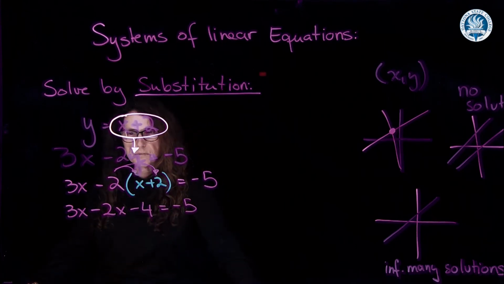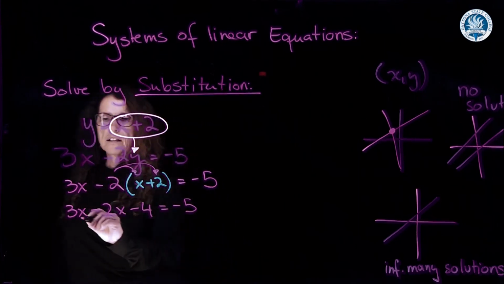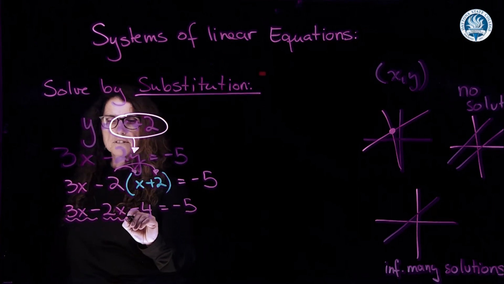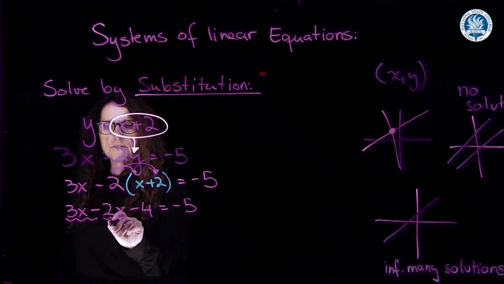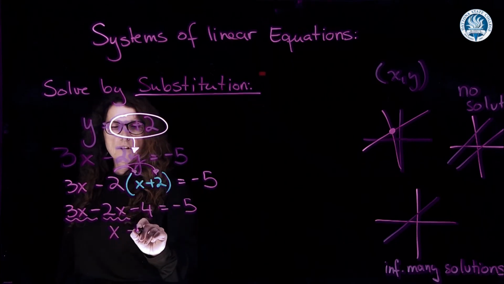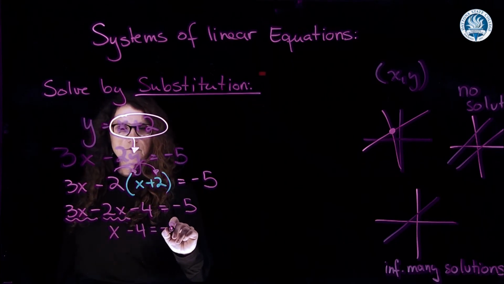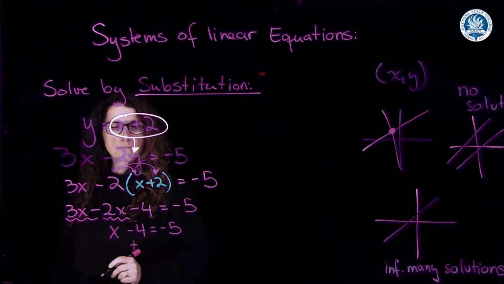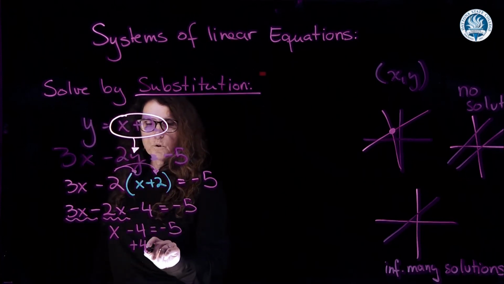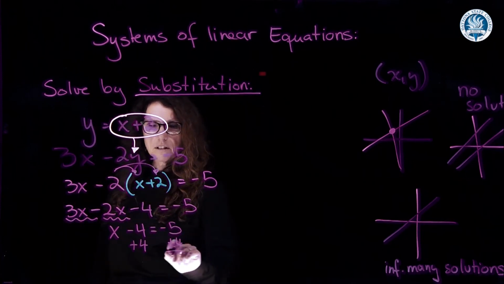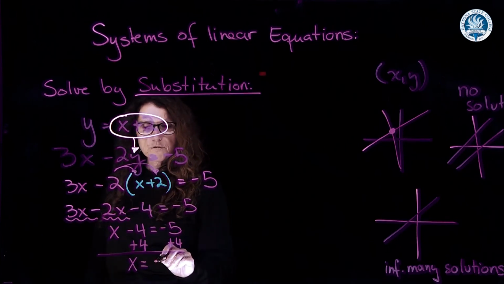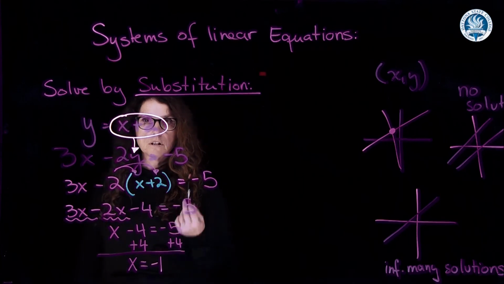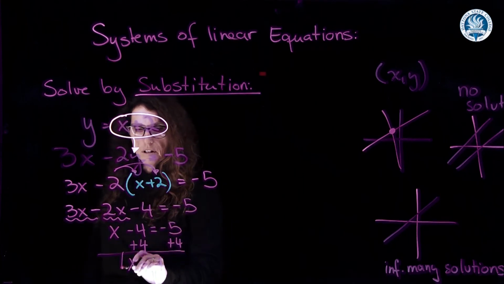We cleared the parentheses, now combine like terms. Which ones are like? 3x minus 2x. 3 minus 2 is 1x, minus 4 equals -5. The only step left is to add 4 to both sides, which leaves us with x equals -5 plus 4, which is -1. Now do not stop here.